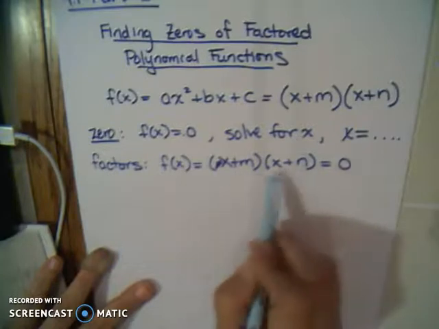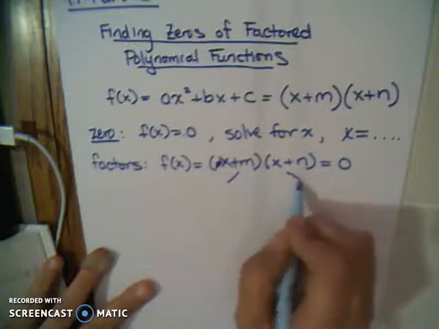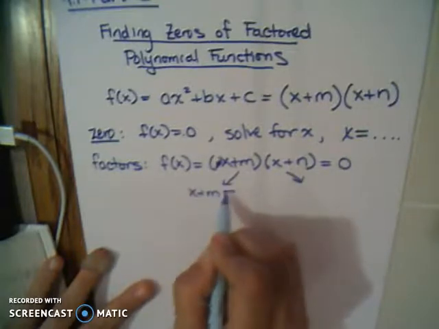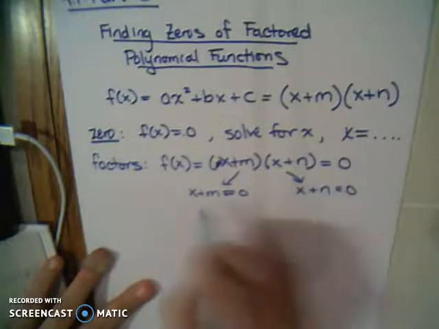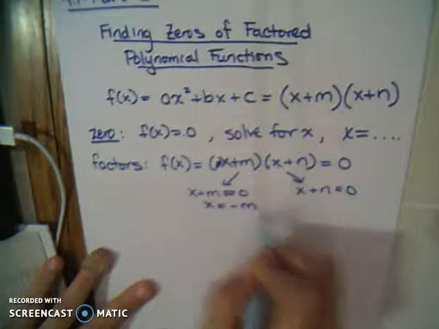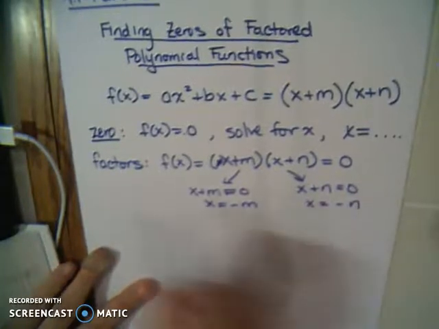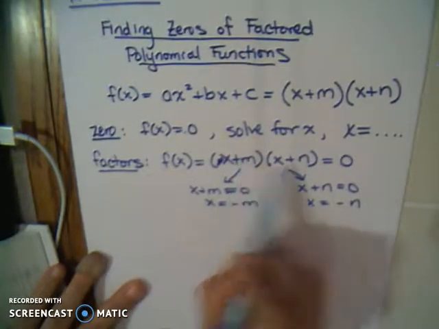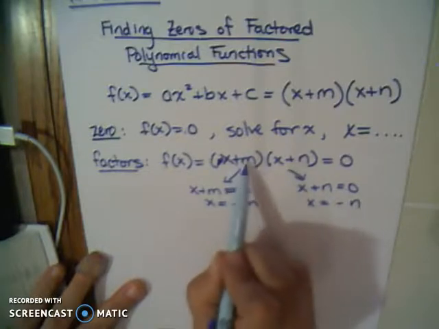The only time 2 numbers multiply to be 0 is if one of them is 0. So if we can get our polynomial factored, then we can split it up and set each individual factor equal to 0. And we'd get negative m and negative n as our zeros.